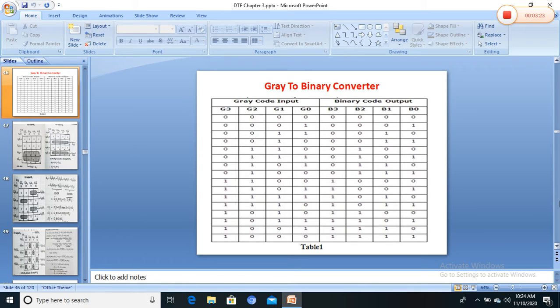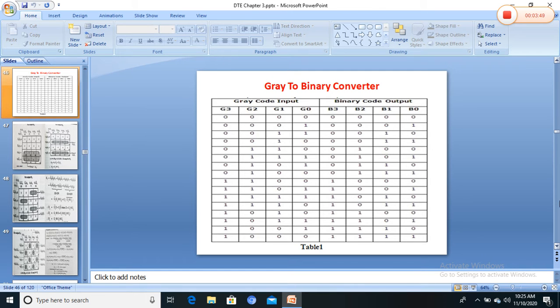Next is the gray to binary conversion, with gray input and binary output. In the first chapter, in problem number 16, there is a gray to binary conversion. We solved that problem, with numbers 0 to 15 in the truth table, converting gray input to binary output.